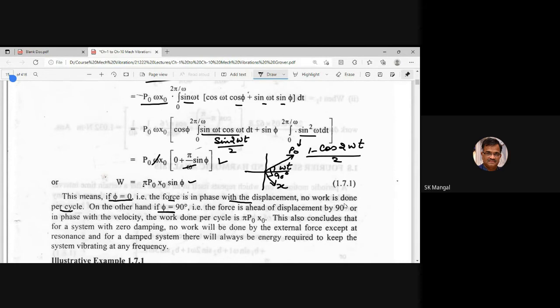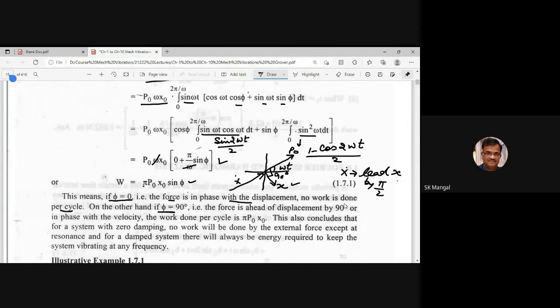On the other hand, when phi is 90 degrees, it means the force vector is leading the displacement by 90 degrees, and you also know that your velocity vector is in phase with the displacement.